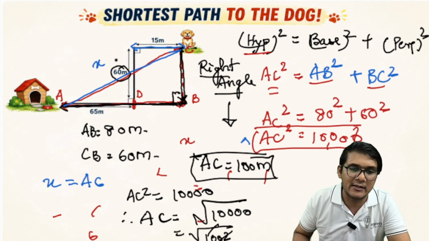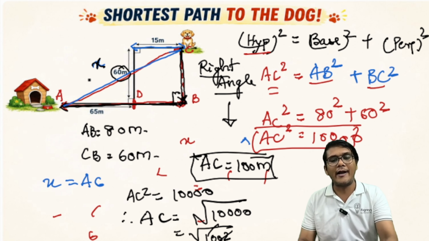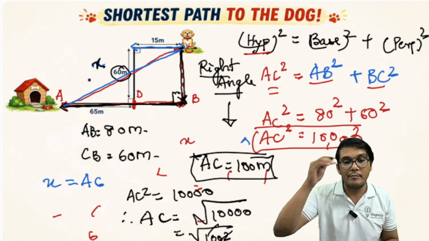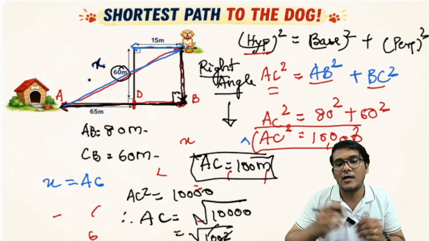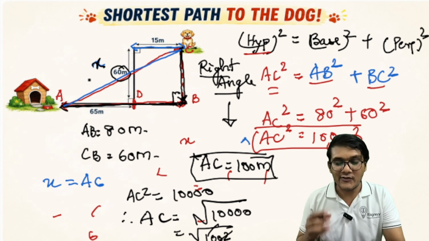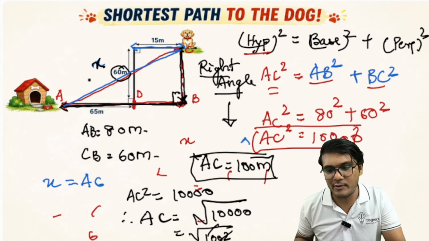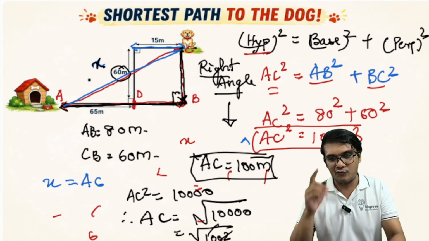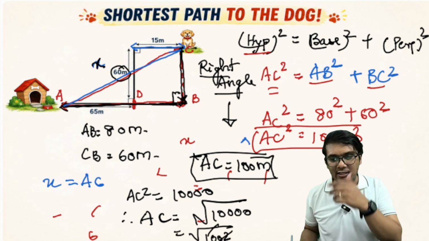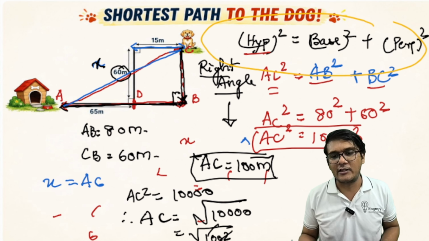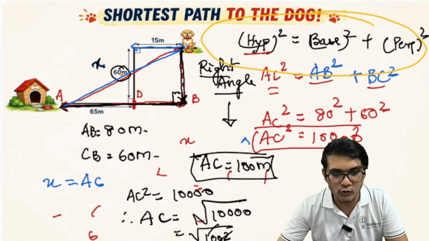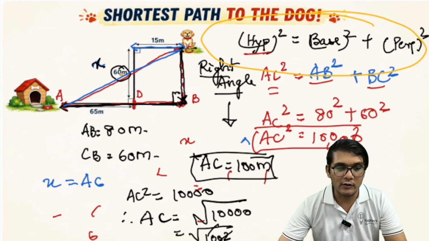Now this is nothing but the x which we wanted to find out, and this is basically the shortest distance between the dog and the house. So this is how you calculate the shortest distance between any 2 points, which is nothing but the straight line. But the straight line in this case was the hypotenuse. So we have seen the Pythagoras theorem, which is nothing but hypotenuse square is equal to base square plus perpendicular square. That is how you solve this problem.